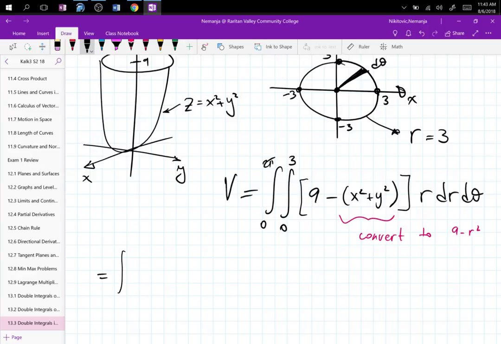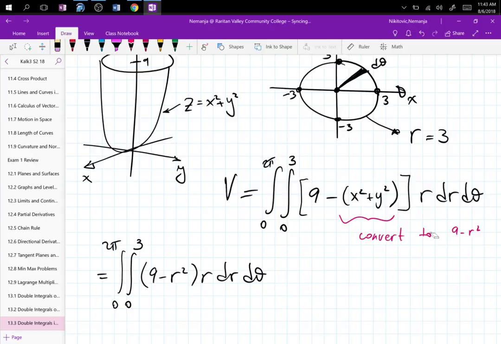So now this integral is simply 0 to 2 pi, 0 to 3, of 9 minus r squared, r dr d theta, and as you can see, we went from that absolute horror of an integral in xy coordinates to integrating a cubic polynomial, which is a joke in comparison. The only thing that makes me happy over here is that I already see I'm going to have something over 4. Our answer was over 4. There will be pi, so at least our answer is good for some partial credit, right?